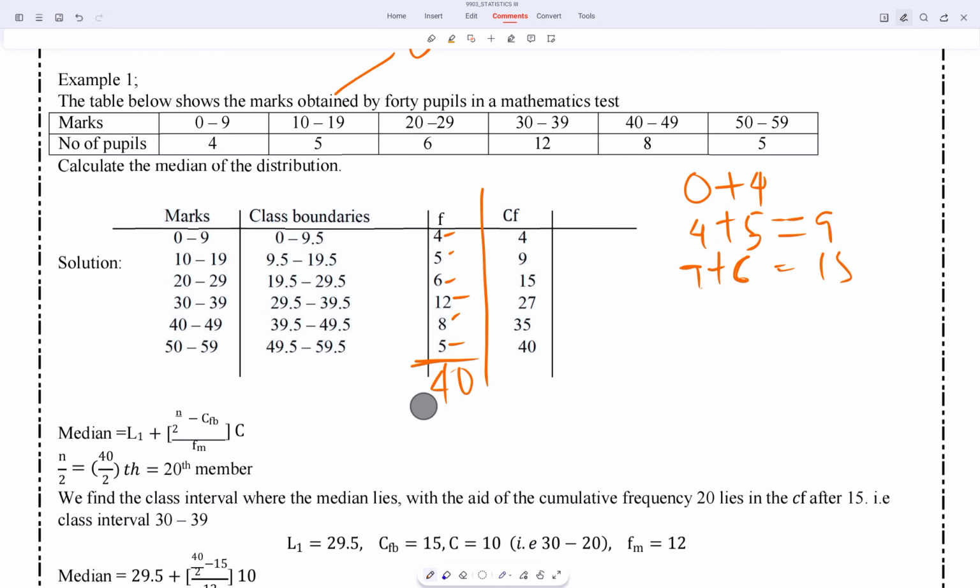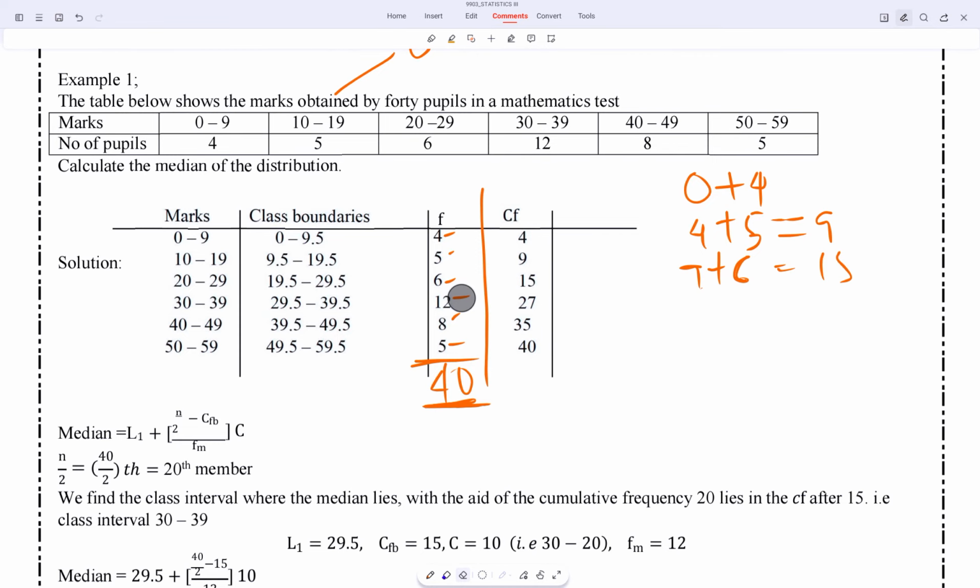Now if your answer here, which is 40, is not the same as the last number you have here, then there is a problem. Your total frequency must be equal to the last value you have here. Do you understand that now? They must be equal.